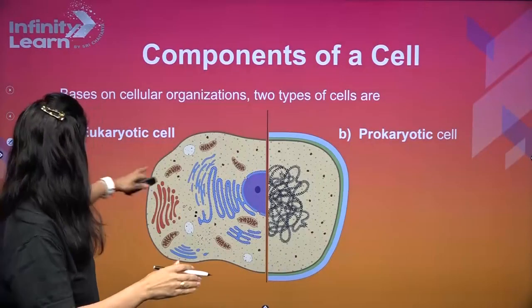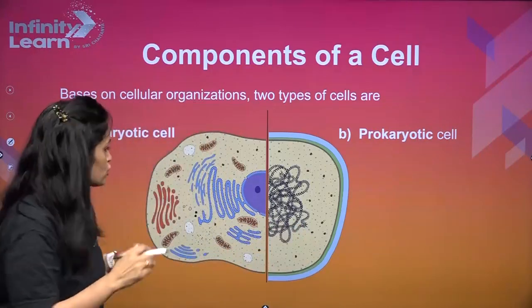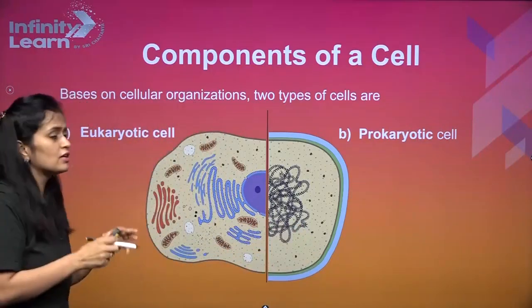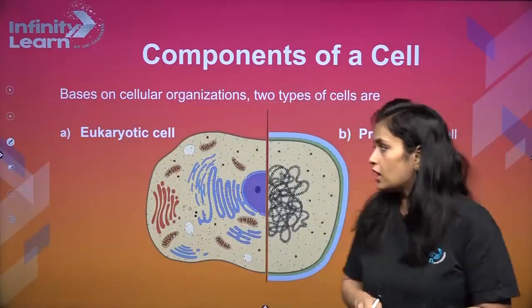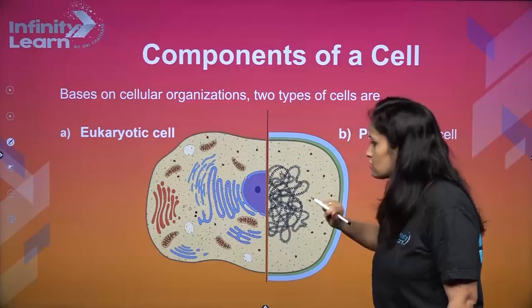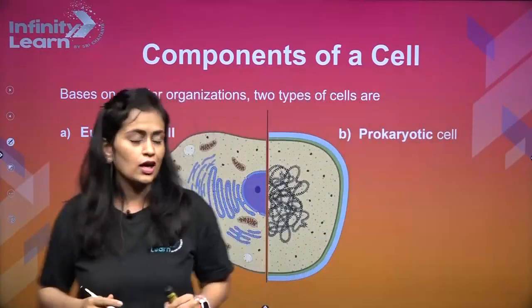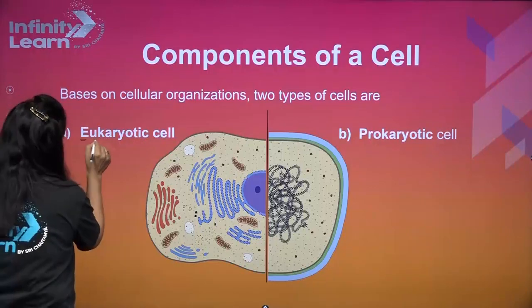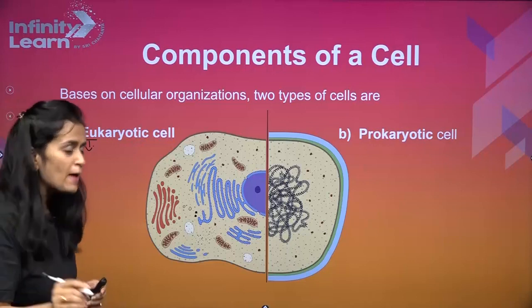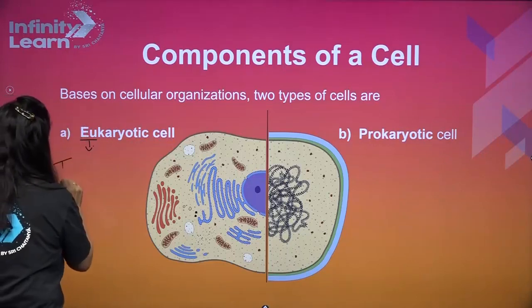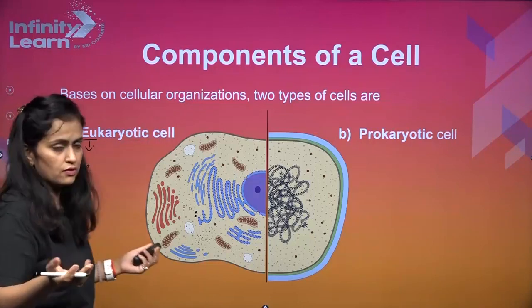So as I told you, eukaryotic cell and the prokaryotic cell, right? All these cells have different kind of cell membranes as well, okay? They differ in their structure as well. So eukaryotic cells, U in biology means true, okay? Every time you come to this word, U, remember that U means true. And karyote is nucleus, right?